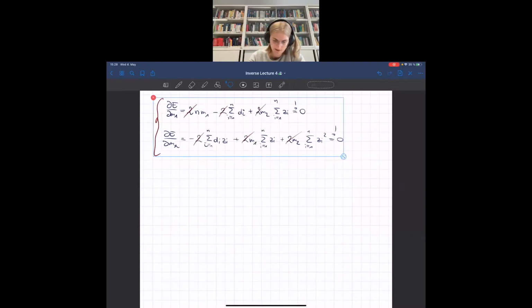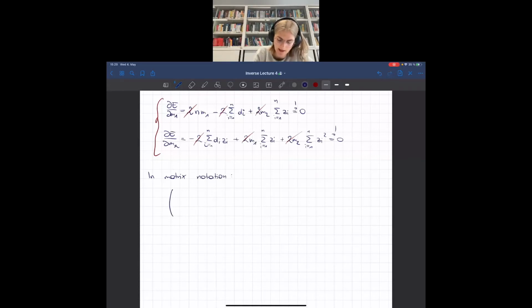Perfect. So we would like to write this thing here in matrix notation because it's just a bit more convenient. And we end up with n on the top left corner.